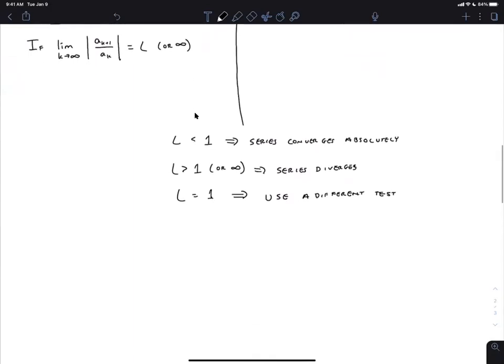So the first problem I want to do is the sum from k equals 0 to infinity of k to the 4th over 2 to the k.